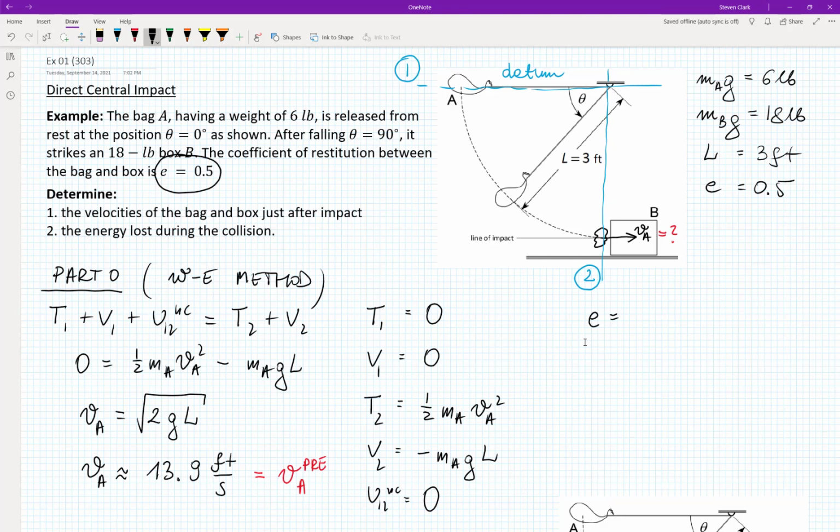So if our coefficient of restitution is 1, that means that our collision is perfectly elastic. Okay? Perfectly elastic. If our coefficient of restitution is 0, that means that it's perfectly plastic.